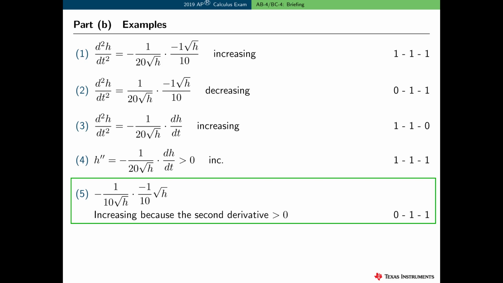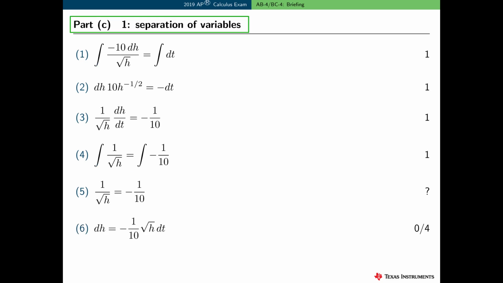They are eligible for the answer point, and their answer is consistent. So this earns 0, 1, 1. Part C was worth 4 points, a pretty typical distribution of points in a differential equation problem. The first point was for evidence of separation of variables. And here are some examples and how each was scored.